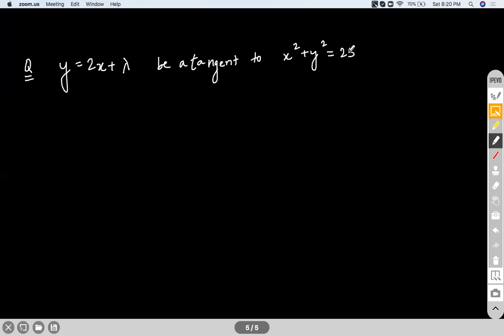For what value of lambda does this line be a tangent to the circle x square plus y square is equal to 25? So find lambda. This is so easy.